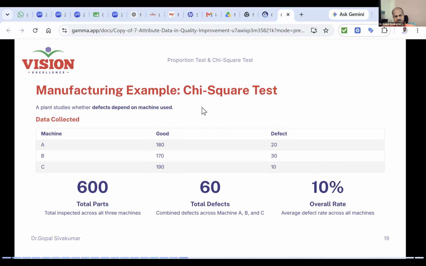Now you have to come to a conclusion: whether all the three machines are considered equally good or they are different. What do you think? Mathematically, there is a difference. Now, statistically, whether a difference exists or not, right? Whether the defects have any relationship with the machines or not. This is definitely a case of a chi-square test.